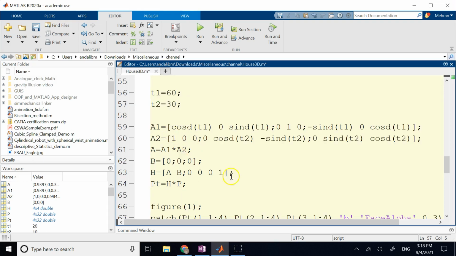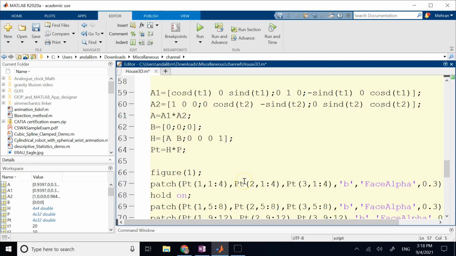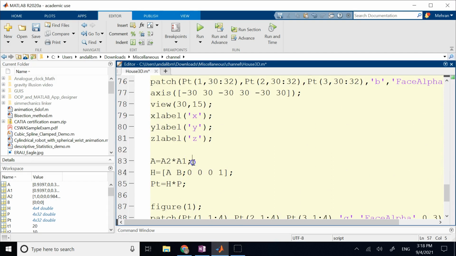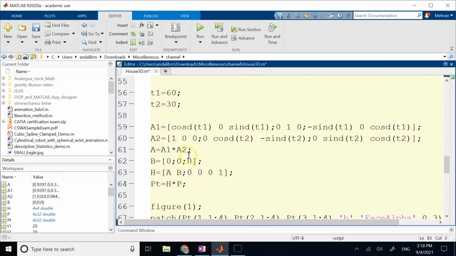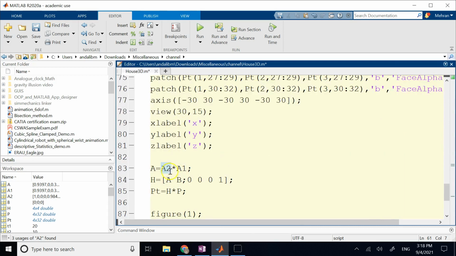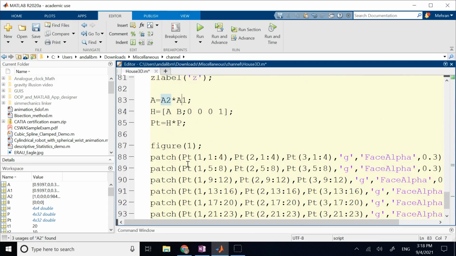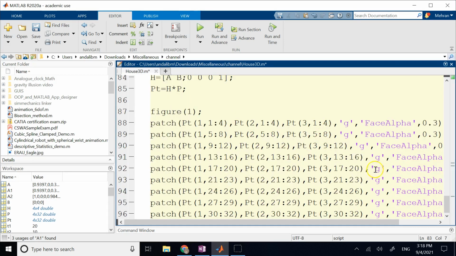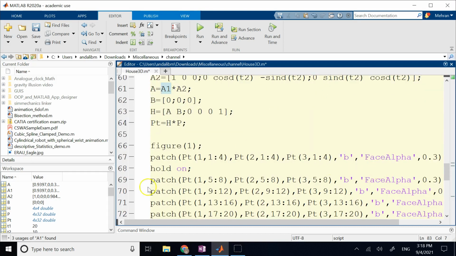And I show the result of that in blue. Then I'm going to reverse the order. So first, this A is a rotation matrix. So first I do rotation y followed by x, then I do rotation x followed by y. And I do one of them in blue, the other one in green, right? So here we go, let's run.